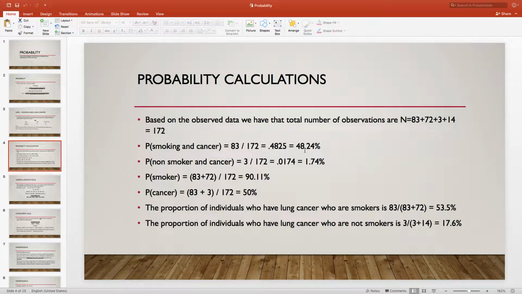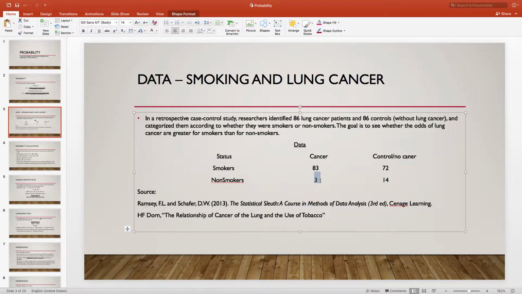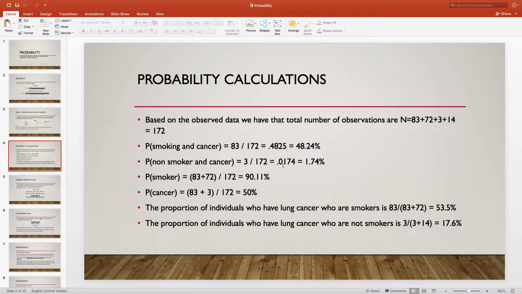So there's a 48% chance that an individual lies in that one cell of smoking and cancer. Okay. Now the probability of being a non-smoker and having cancer, there were only 3 individuals here that were non-smokers and had cancer. So that is going to be 1.74%.